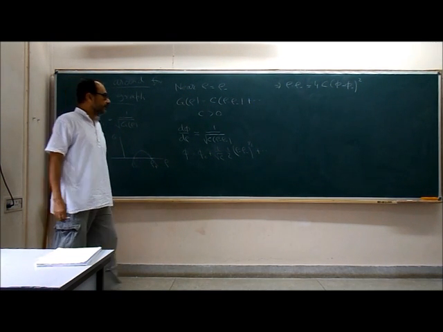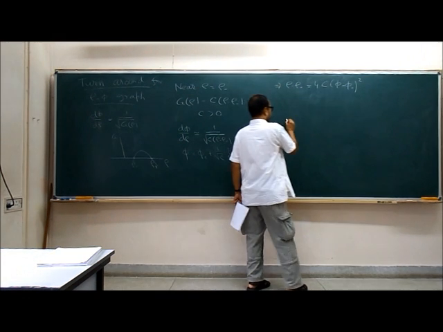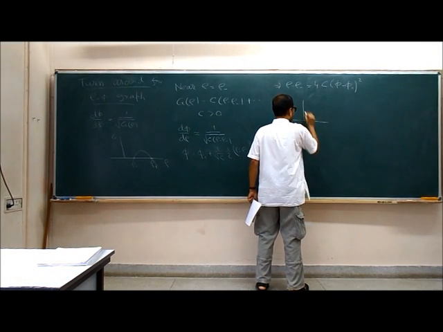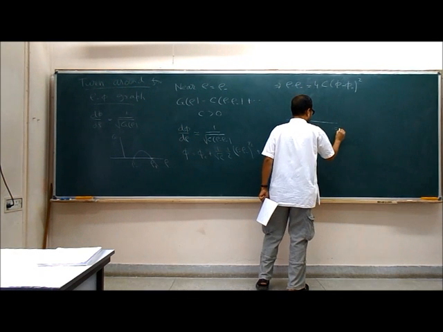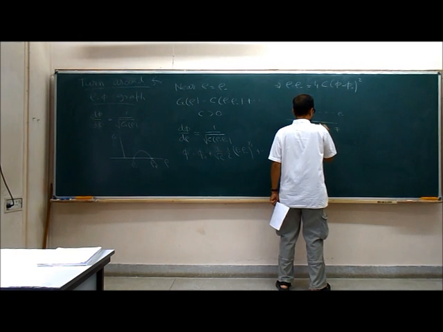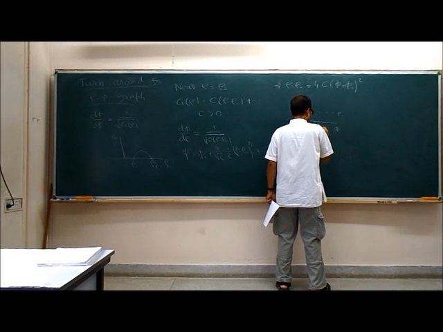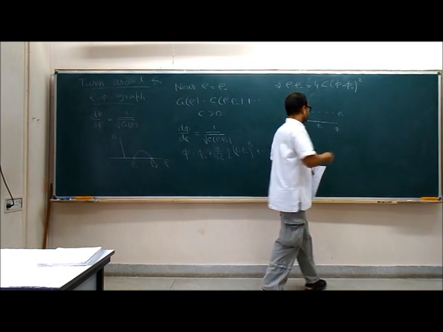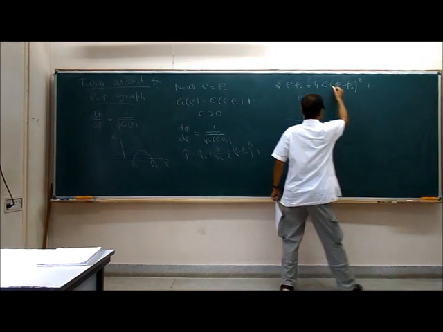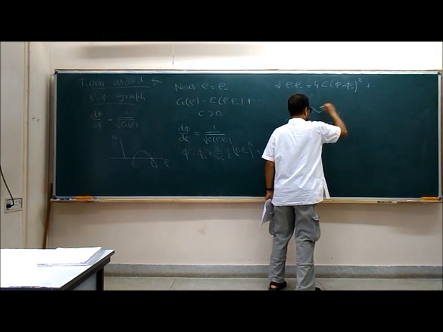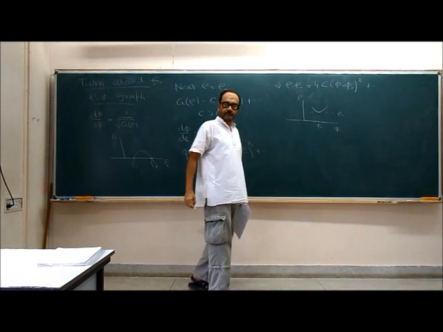What this means is that as phi passes through phi naught, suppose this is rho versus phi, this is our rho minus, this is phi naught, the place where rho reaches rho minus, because this is 0. But this says c over 4 is a positive constant, so basically rho behaves like this, right?